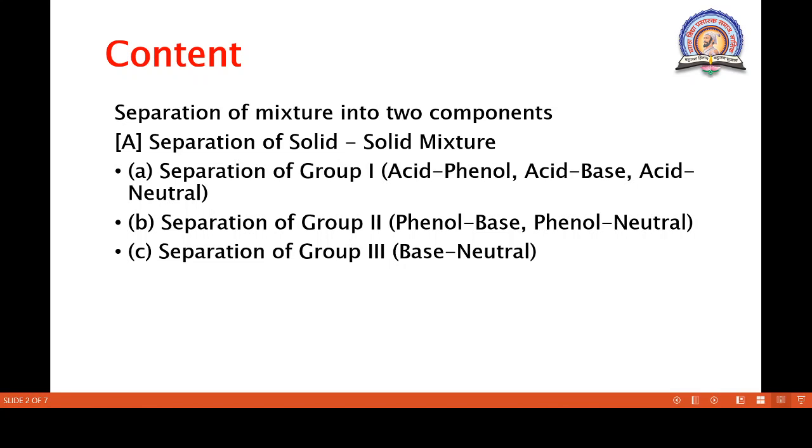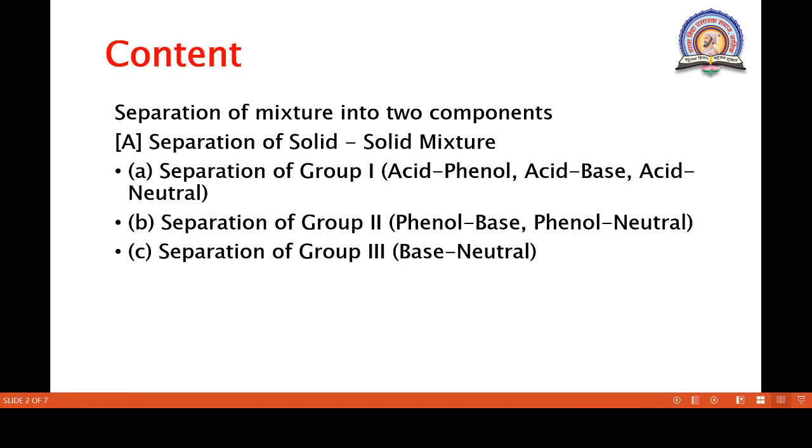This separation is performed by three groups: separation of group first, separation of group second, and the third one is separation of group third. In separation of group 1, the types are acid phenol, acid base and acid neutral.